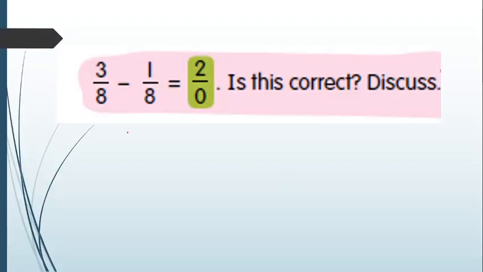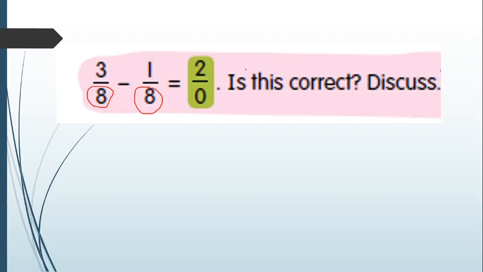So 3 over 8 minus 1 over 8 equals 3 over 0. Is this correct? What do you think? The denominator is already the same. Can we minus like this? 8 minus 8 equals 0, 3 minus 1 equals 2.